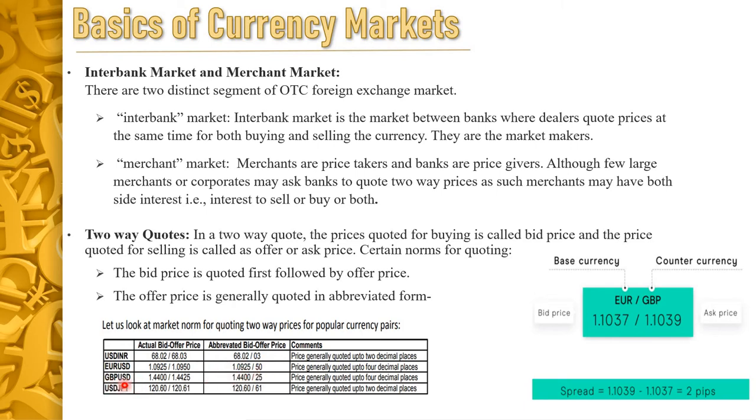Same for GBP USD, which is 1.4400/1.4425, would be quoted as 1.4400/25. For USD JPY, 120.60/120.61, which is 120.60/61. So in the interbank market, they quote both offer and bid price, and that is why they are called market makers.